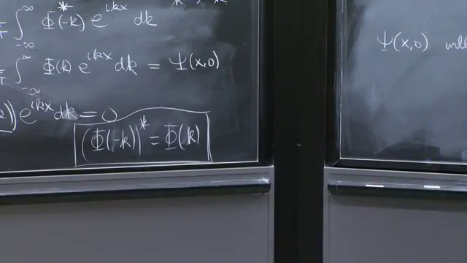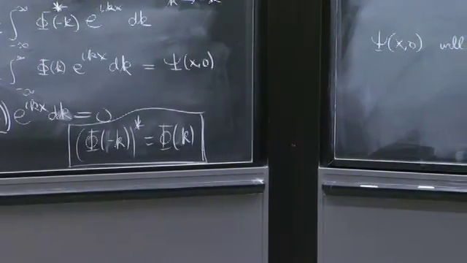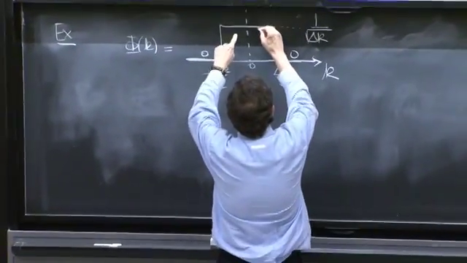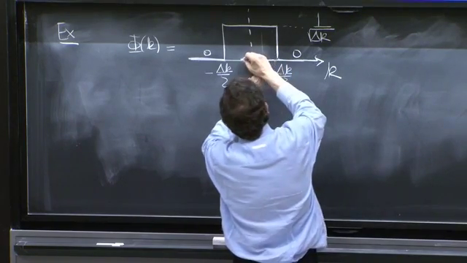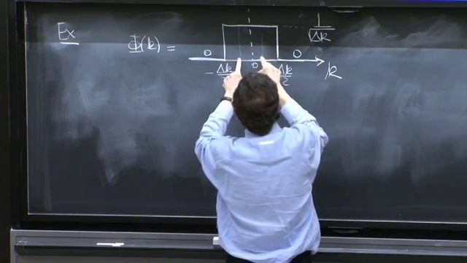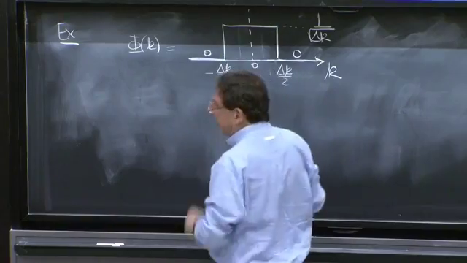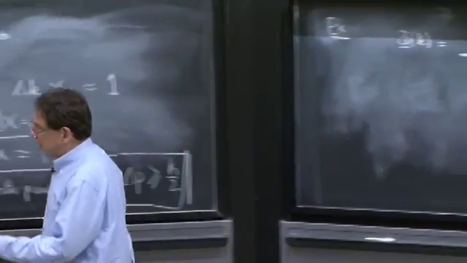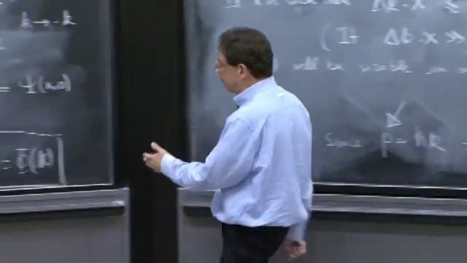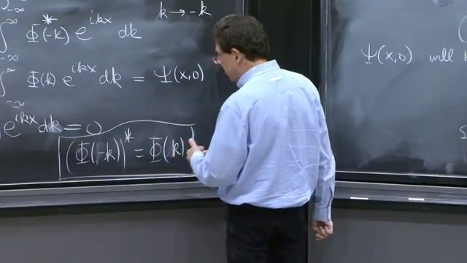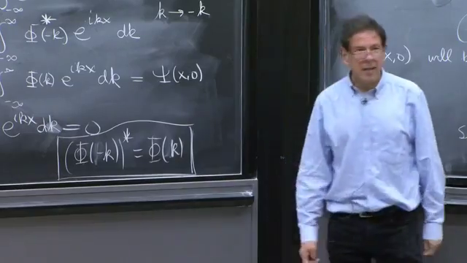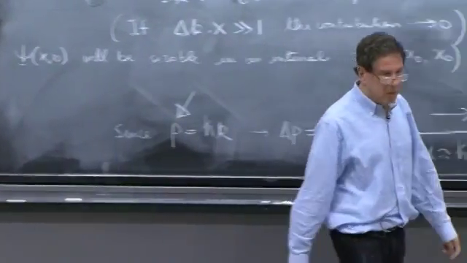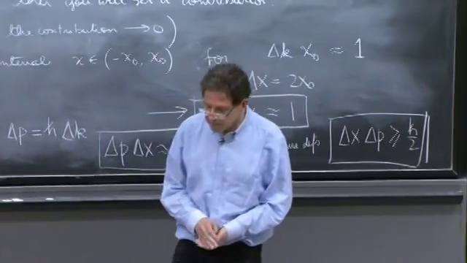Yes, you're right. It is true. This phi of k is real. And whenever you have a value at some k, there is the same value at minus k. And therefore, the star doesn't matter because it's real. So phi of k is completely real. So phi of k is equal to phi of minus k. And that should give you a real psi of x.